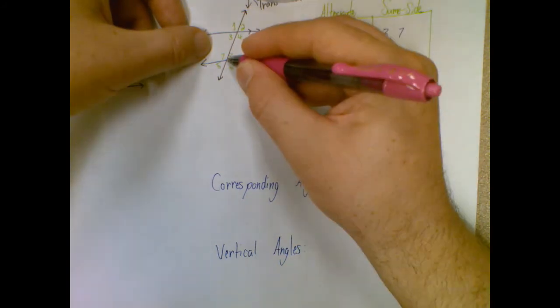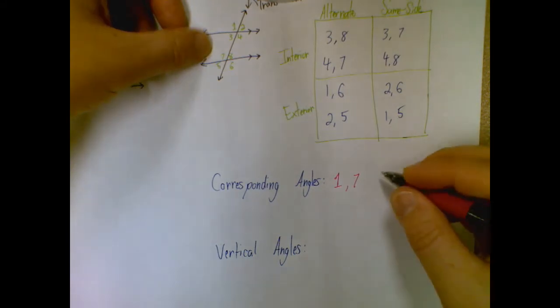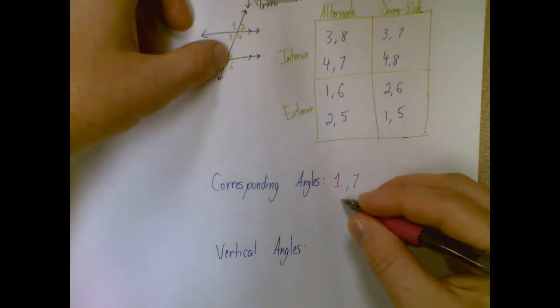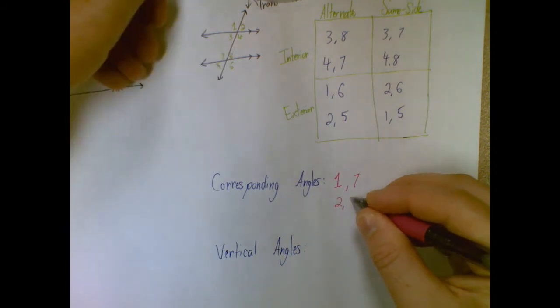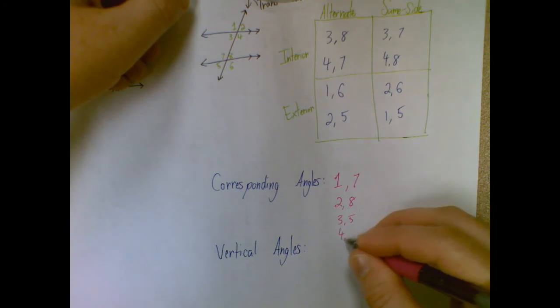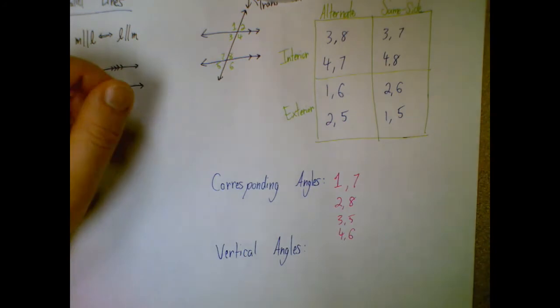I can do that same pattern from this intersection, which lands me at 7. So 1 and 7 would work. Then if I go up and to the right, that'll take me to 2, so 2 and 8, 3 and 5, and 4 and 6 are our corresponding angles. Okay.